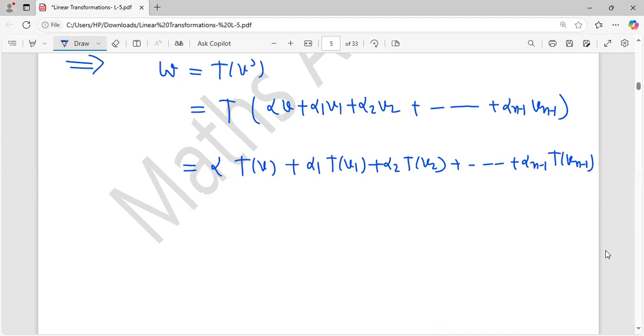But because B belongs to null T, this implies T B is equal to 0.